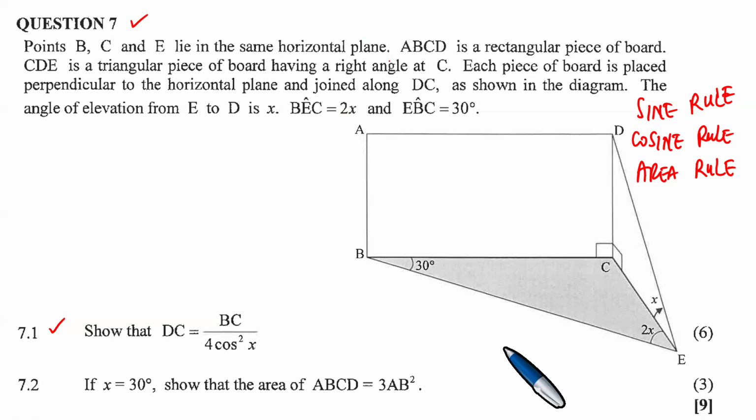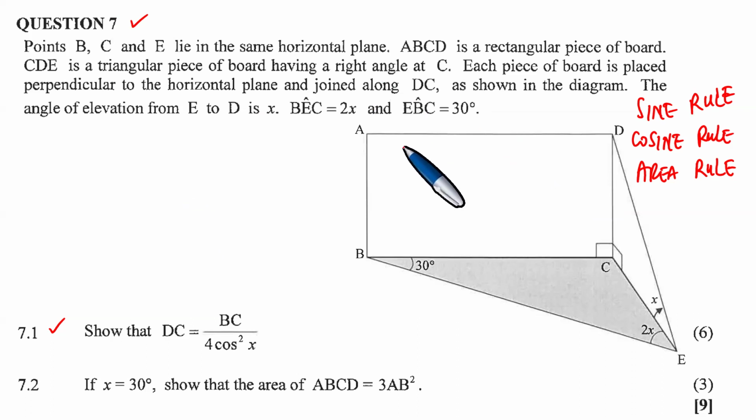ABCD is a rectangular piece of board. CD is a triangular piece of board having a right angle at C. Each piece of board is placed perpendicular to the horizontal plane, joined along DC, as shown in the diagram.